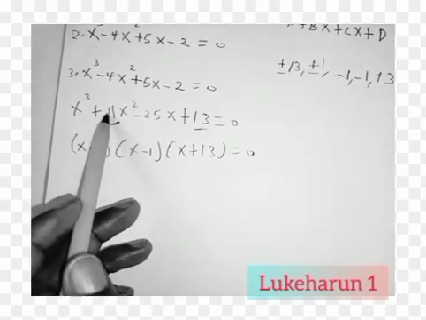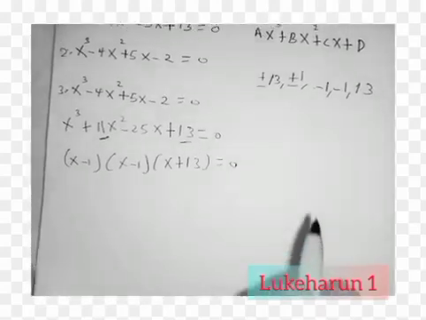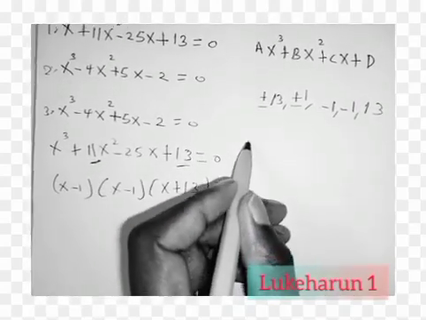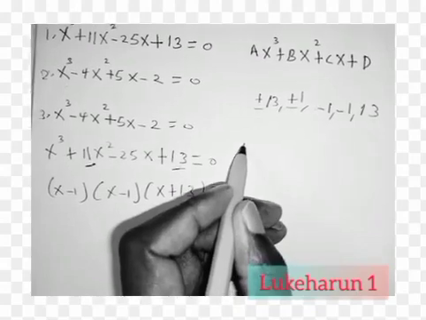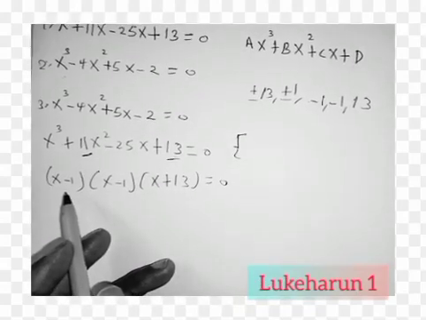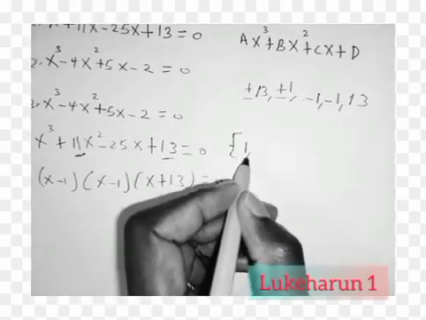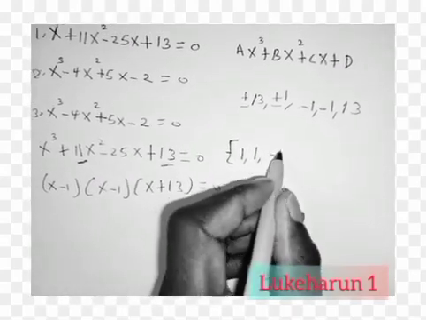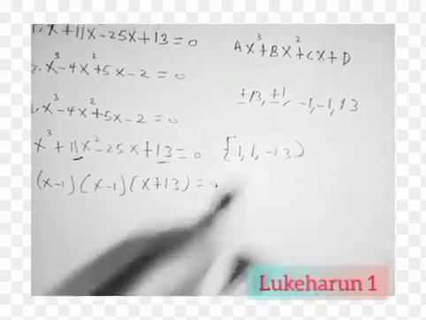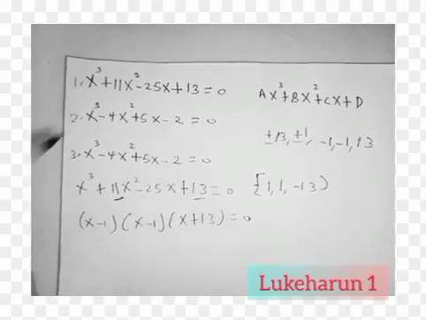Now the solution set: for this one, you just change the sign. So you will have 1, 1 and negative 13. Those are the solution set for equation 1.